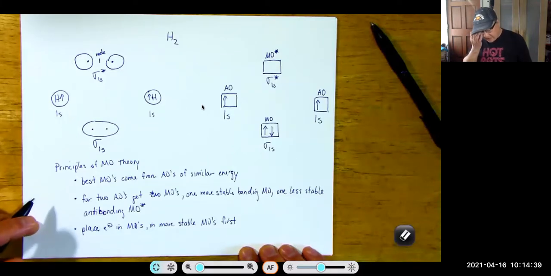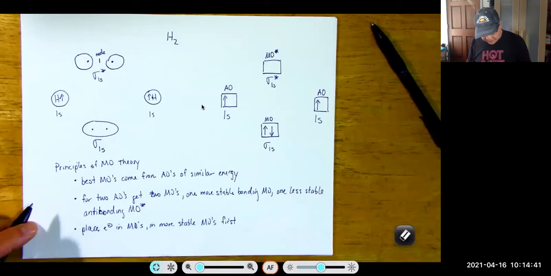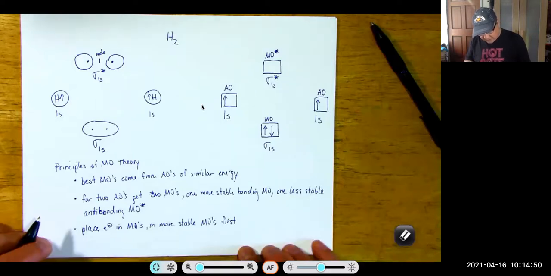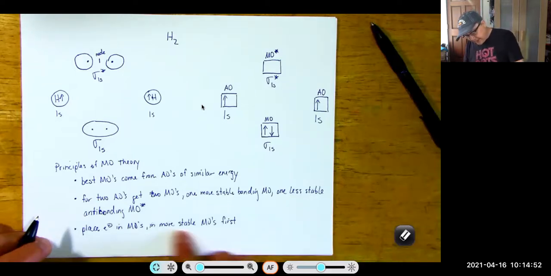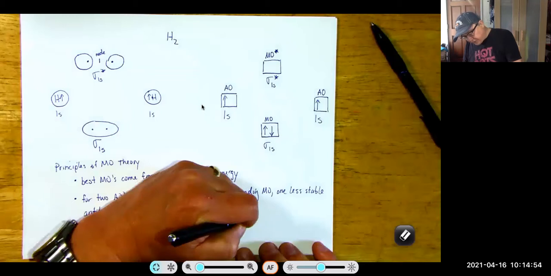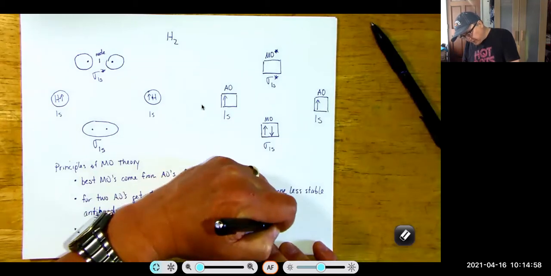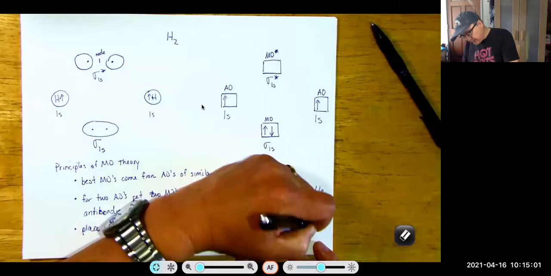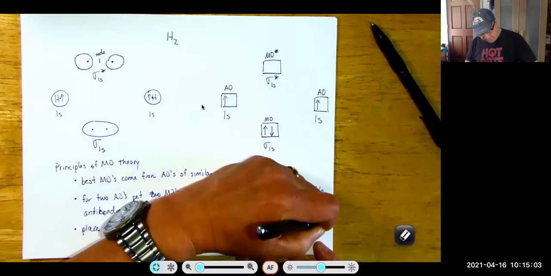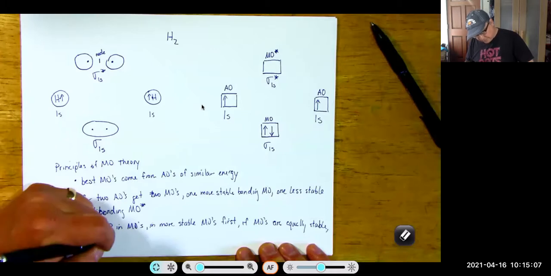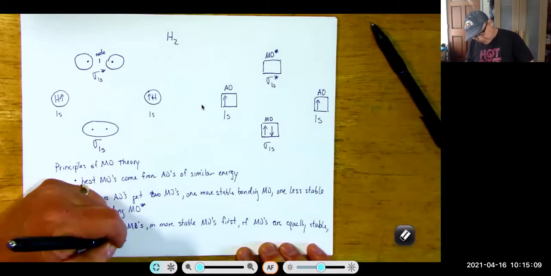And actually, now that I think about it, I combined 2 of the principles, but that's all right. Place the electrons in MOs, in the more stable MOs first, and if the MOs are equally stable, one per MO before pairing.